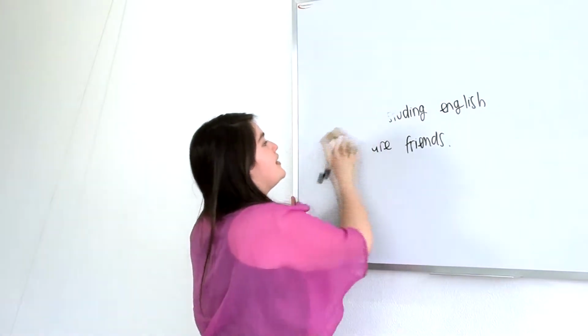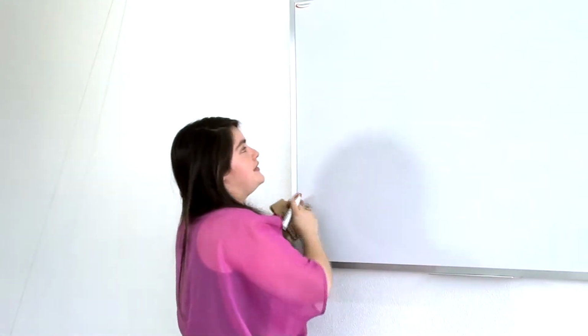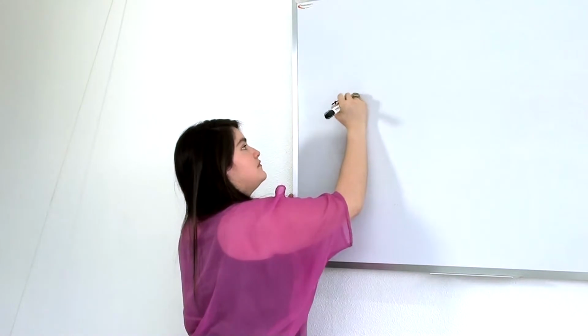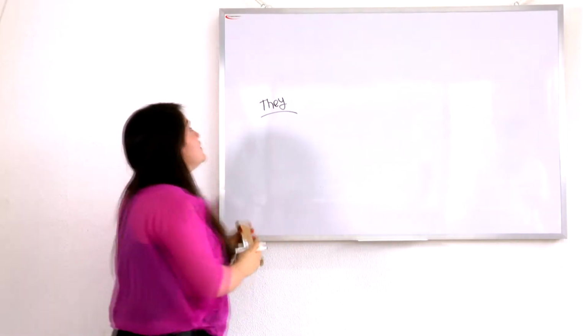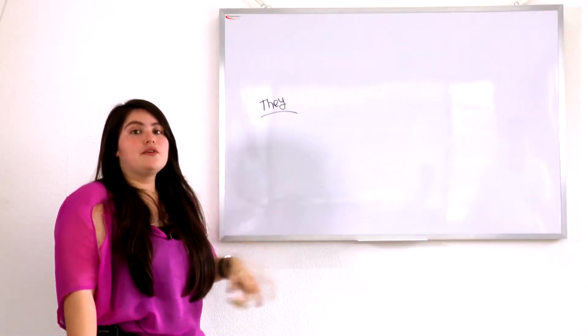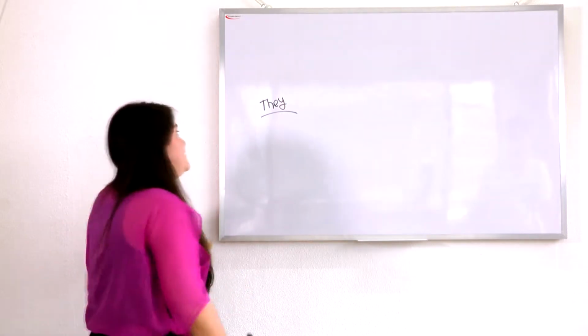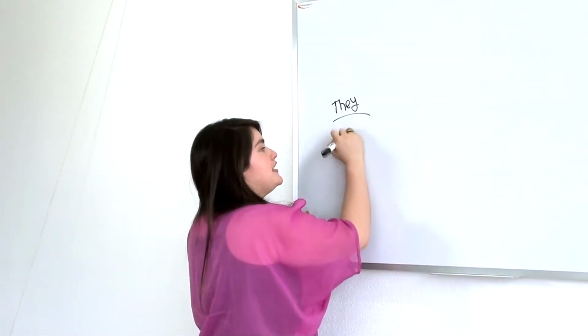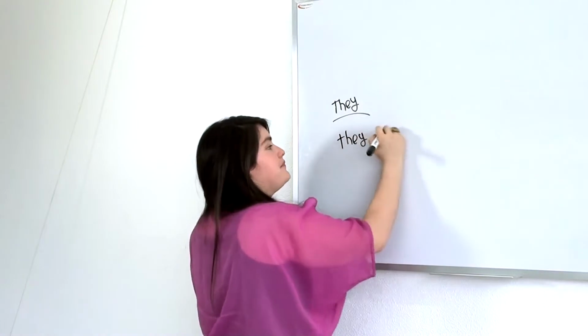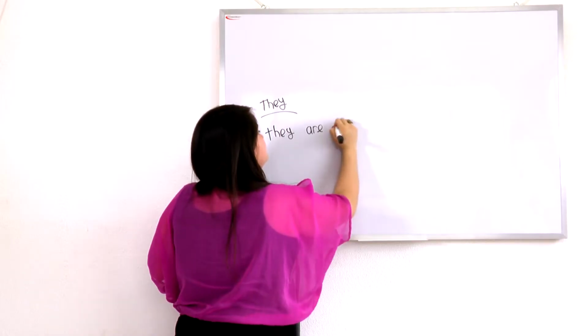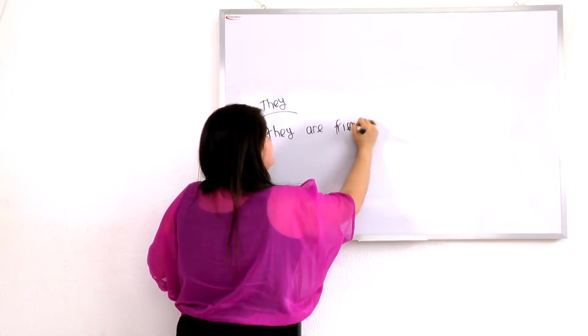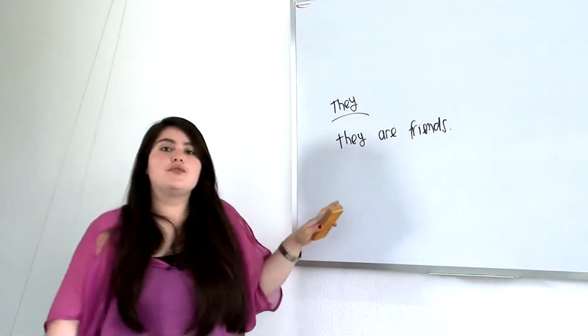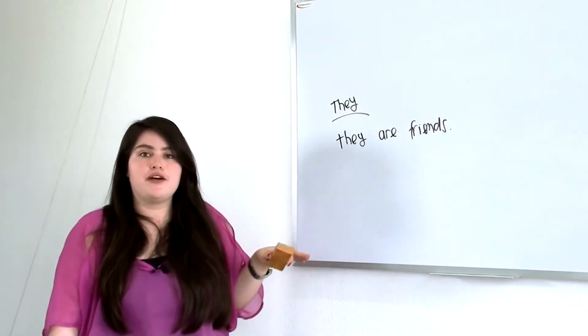Then the last one that we have is they. So they is when you are talking about a group in which you are not part of it. The first example that I can give you is they are friends. You are talking about a group of people that are friends, but you are not part of them.